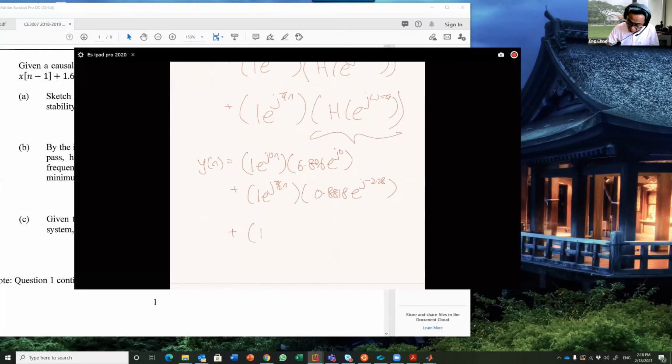Now if you guys are confused with this, 0.8818 and minus 2.28 at pi over 2, let's check using MATLAB. Let's go to the magnitude and go to pi over 2, which is 0.5 pi, and the gain should be 0.88. Correct. Now let's go exactly to the correct place.